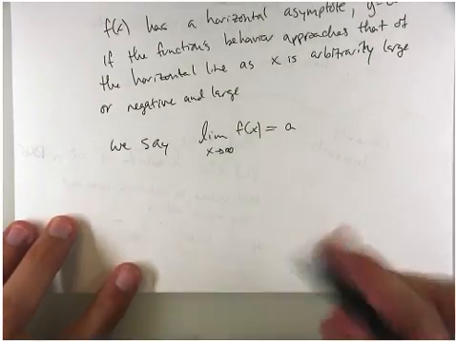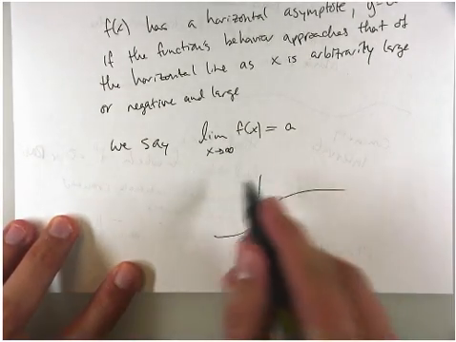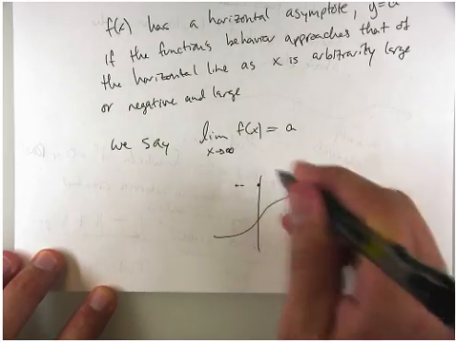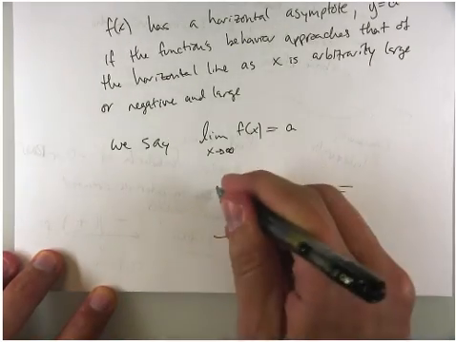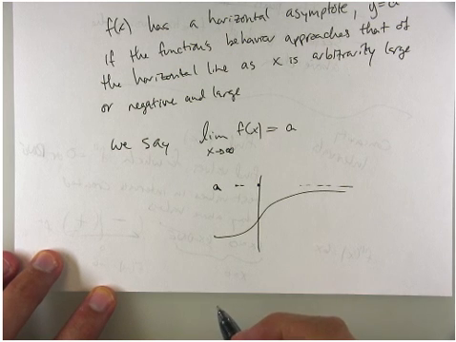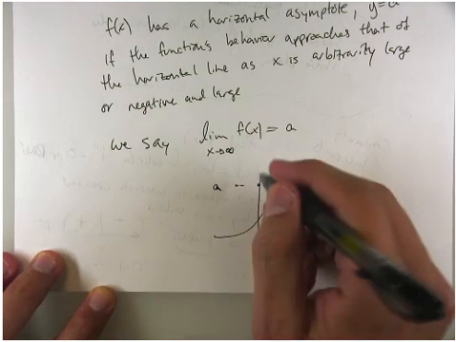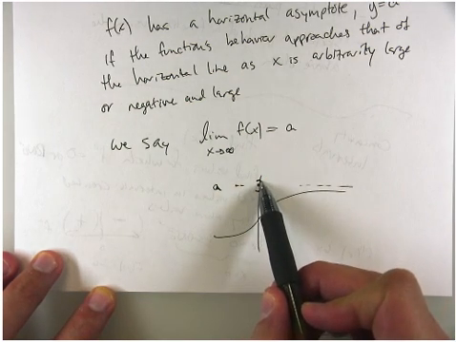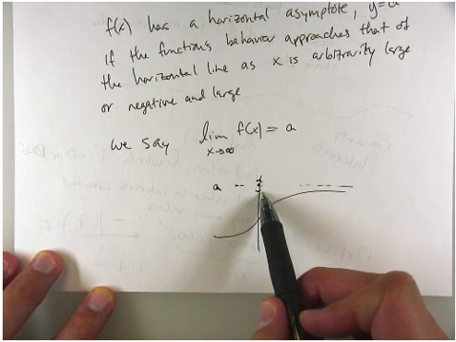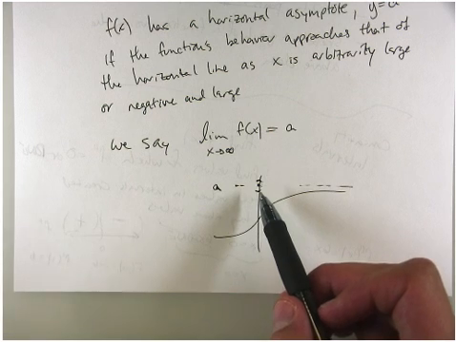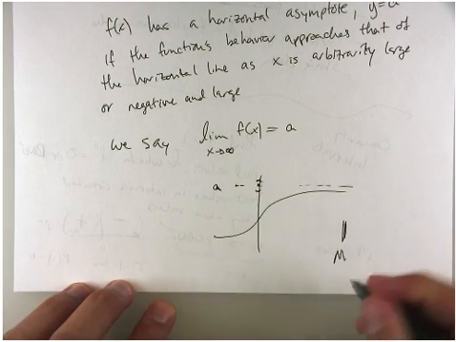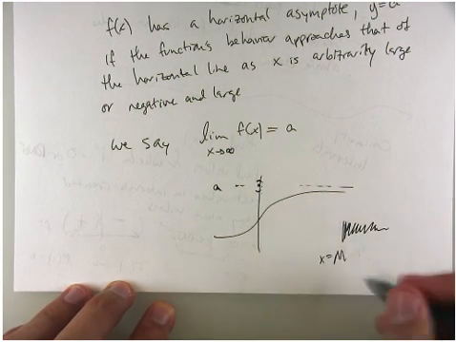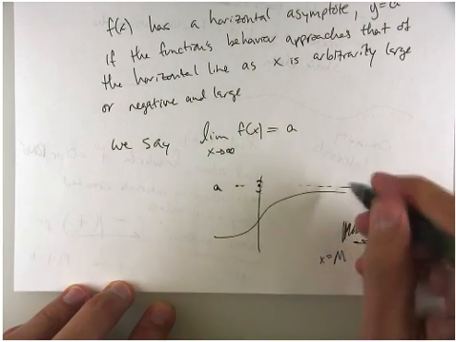In a picture, we're thinking this idea. You tell me how close you want to be to A. You say, I want to be within 1/1,000,000th of A. So you create a little bubble around A. I'm going to be either within 1/1,000,000th above A or 1/1,000,000th below A. If you tell me any number, how close you want to be, I can tell you some value of x out here, so that for all of the x's to the right of that value, I'm that close.